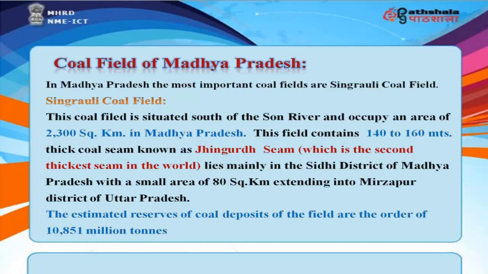This field contains 140 to 160 meters thick coal seam known as Jhingurdah seam, which is the second thickest seam in the world, lies mainly in the Sidhi district of Madhya Pradesh with a small area of 80 square kilometers extending into Mirzapur district of Uttar Pradesh. The estimated reserves of coal deposits of the field are of the order of 10,851 million tons.